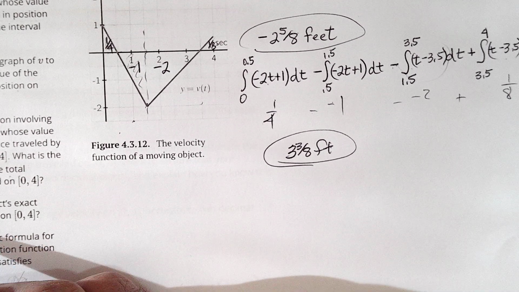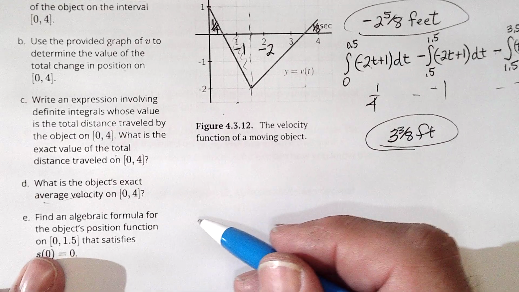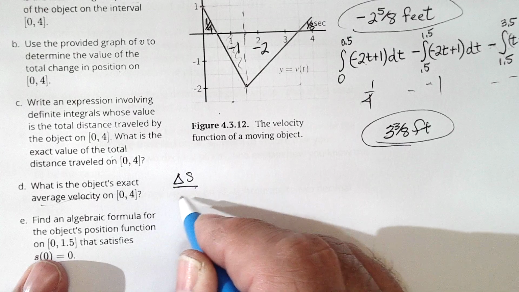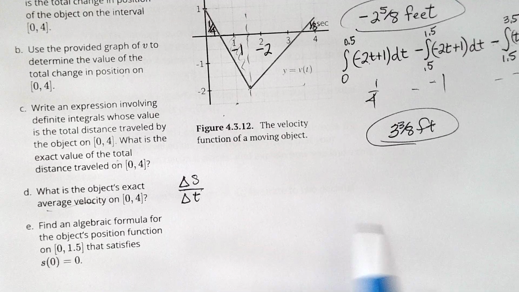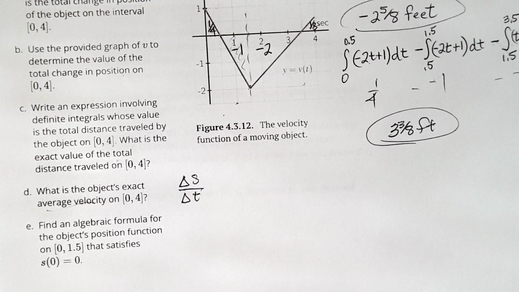So what's the average velocity? So that's the change in position over the change in time. So we're trying to figure out how many feet per second it has to move every second and in what direction to end up where it did.